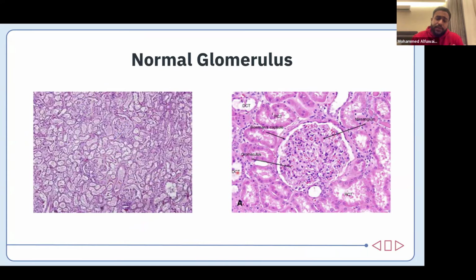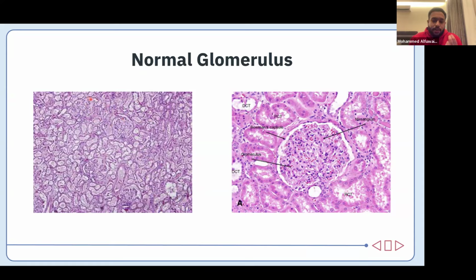Now, in the kidneys itself, this is what you'll see. You'll see the glomeruli, which are these tufts of capillaries, and then you'll have all the tubules around it, okay? You don't need to identify which one is distal convoluted tubule, which one is proximal. What I want you to remember is when you see this type of picture, you need to be able to count the glomeruli, okay? Why is that so?